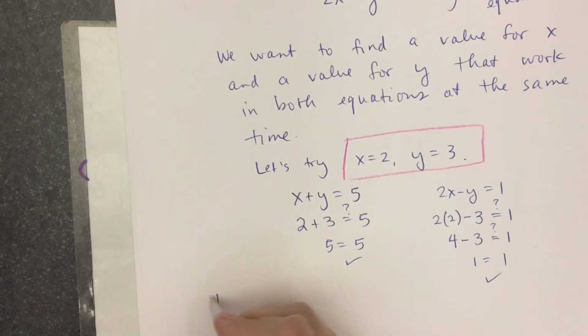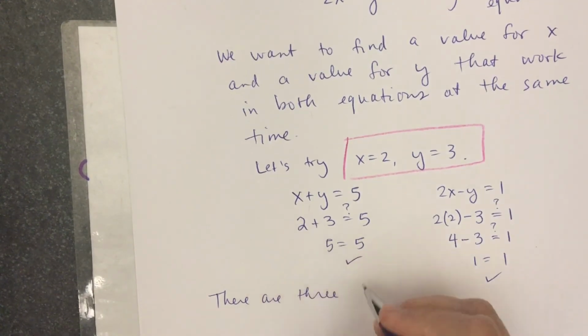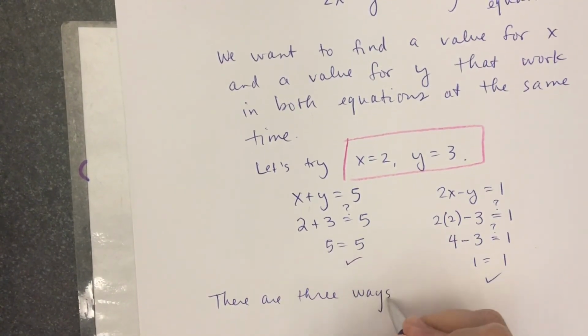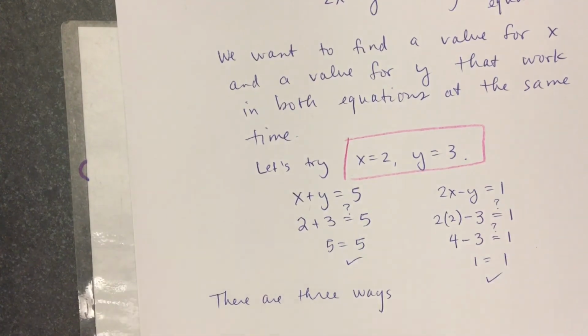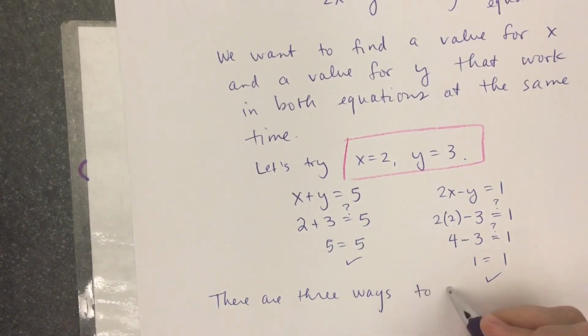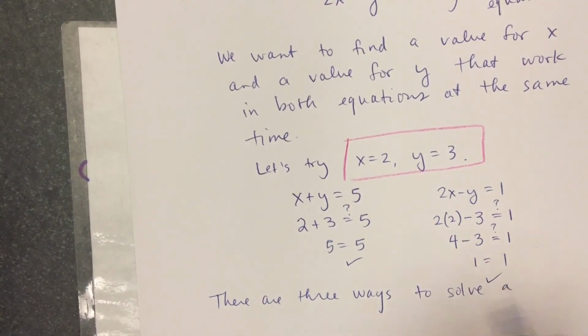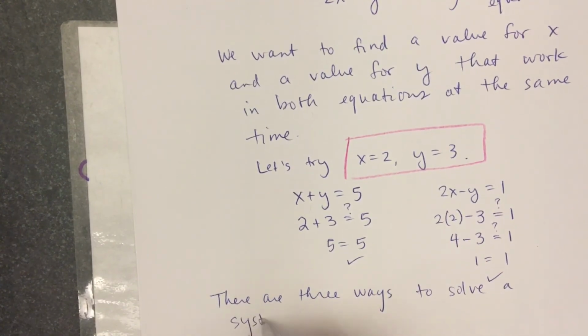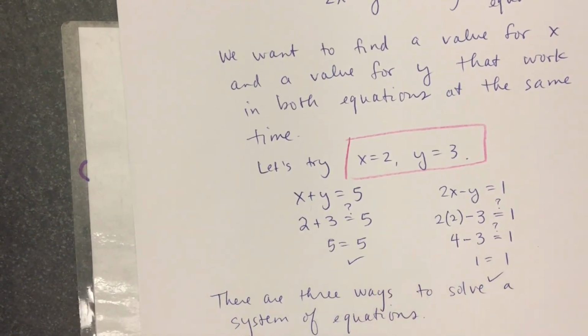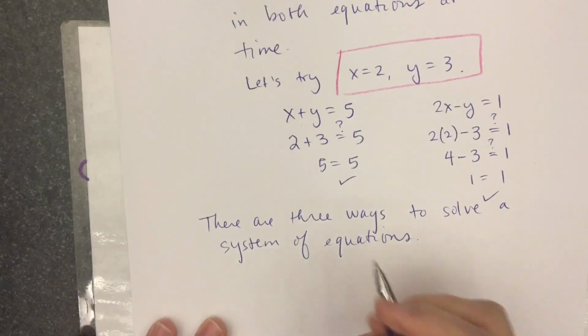There are 3 ways. There's probably more than 3, but there are 3 ways we look at to solve a system of equations. We can do this by graphing.